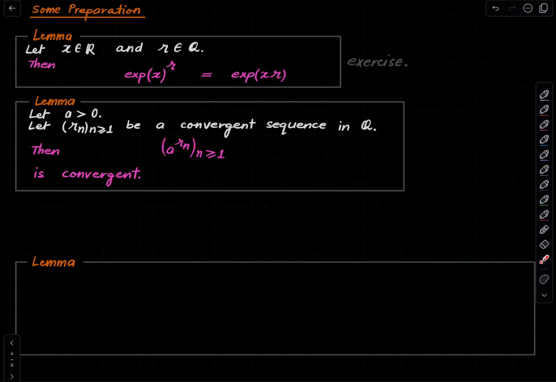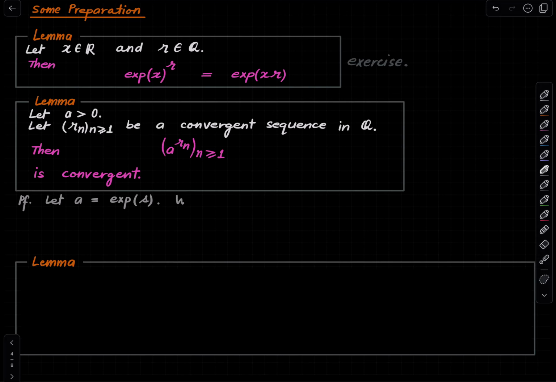Very simple reason. The proof is as follows. So let a be equal to x of s. Since a is a positive real, it is going to be the exponential of some real number s. S is not positive. S may be negative, but a is positive. So we can do this. And now, we don't need to say anything.